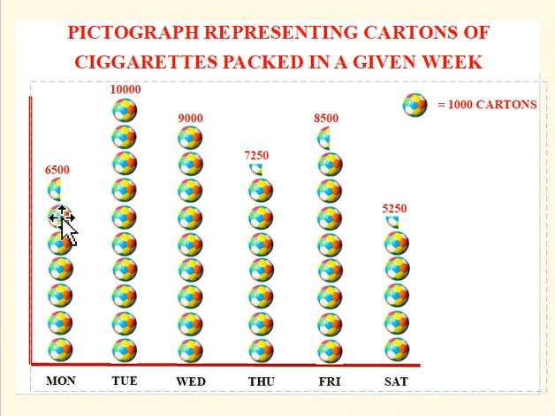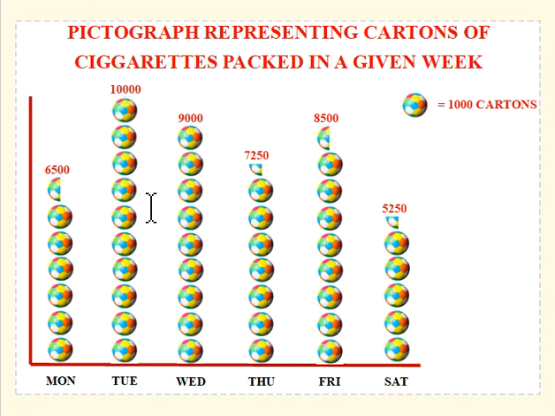There are 6 balls, and each ball represents 1,000 cartons. So these are 6,000 cartons and half a ball, which is half of 1,000. That means there are 6,500. On Tuesday, we have all this lot, which is 10 balls representing 10,000.